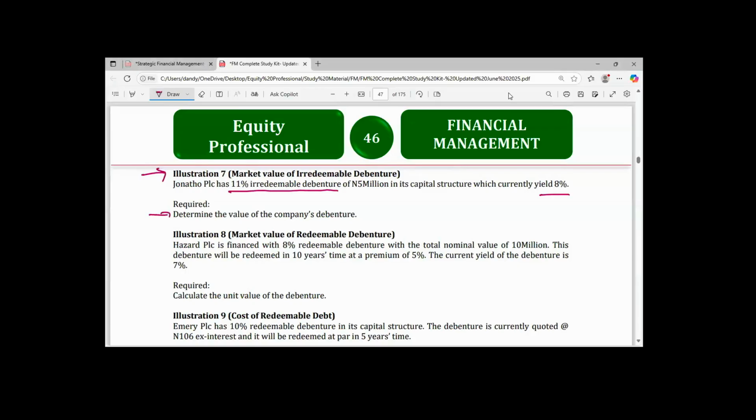So let me switch so that I can tell you what the market value of the debenture is.